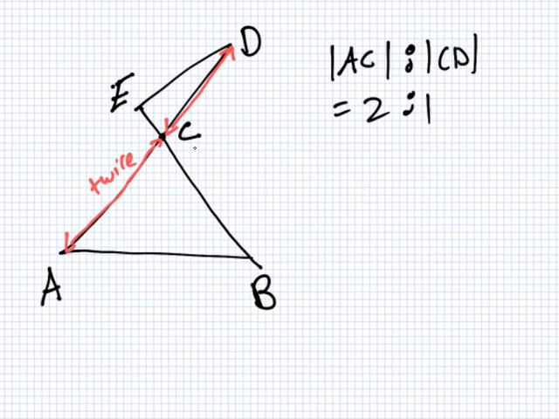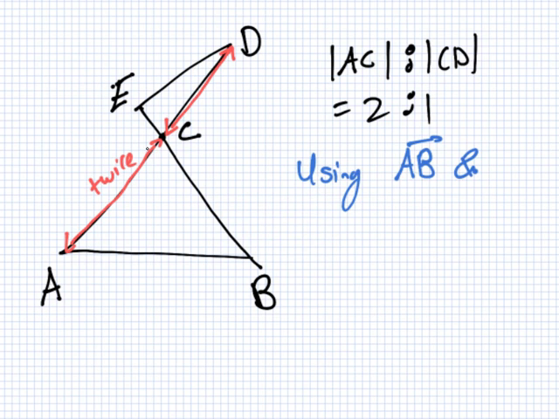Alright? So, using, let's see, we'll say AB and, what's wrong? This is opposite. AC to CD is 2 to 1. I'm saying this is twice as big. Sometimes it's confusing, we have two types of ratio.